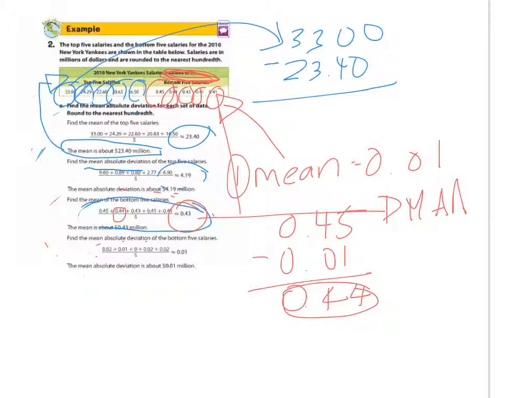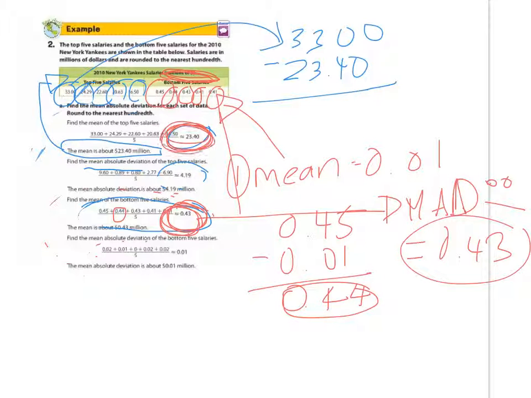That is my MAD. Whoa, MAD. That doesn't look like a mad face. The MAD is 0.43. What does that mean? Well, let me take a look. My MAD on the bottom 5 salaries was 0.43. My MAD on the top 5 salaries was 23.40.